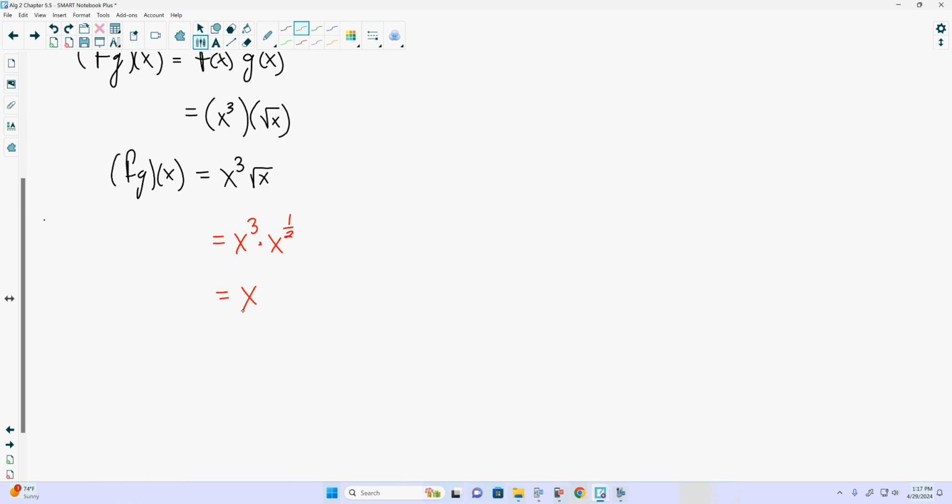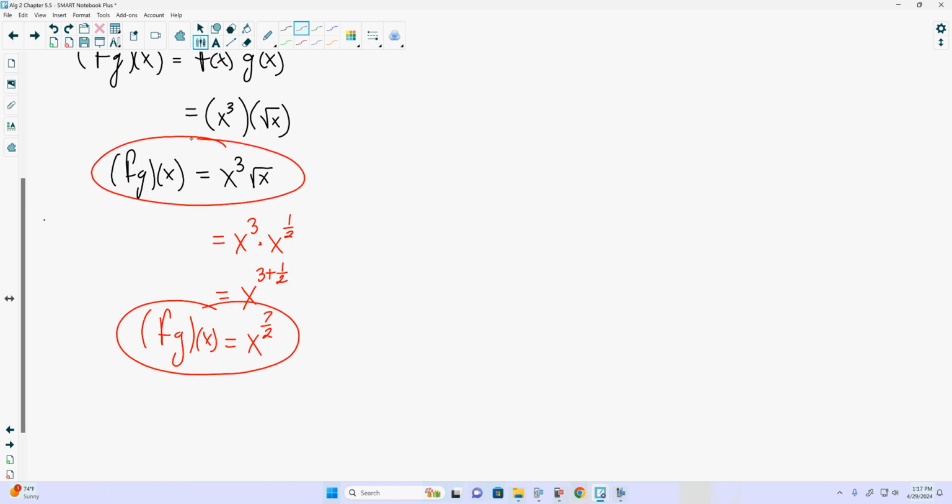When we multiply like bases, we add. So 3 plus 1/2 would be 7/2. And again, we could do 3 plus 1/2 in the calculator, let it do it for us. Both of these work. I'll take either form.